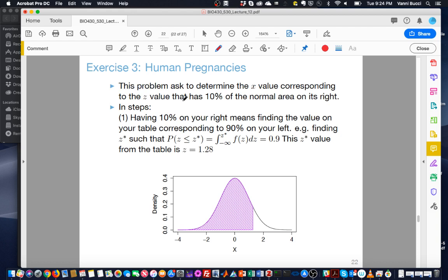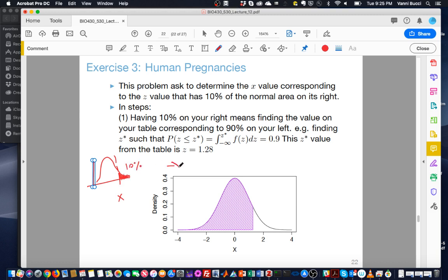So the problem here is to determine the x value that corresponds to having 10% of the normal area on its right. So basically what we want to know is what value of x has the probability here of 10%.